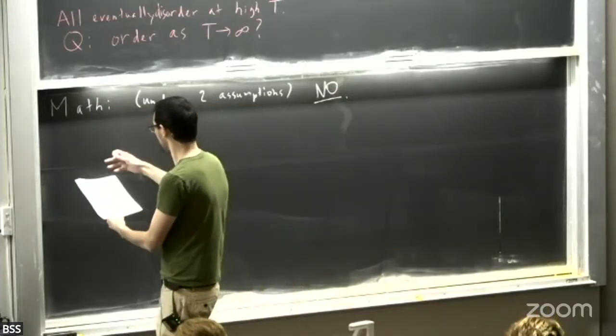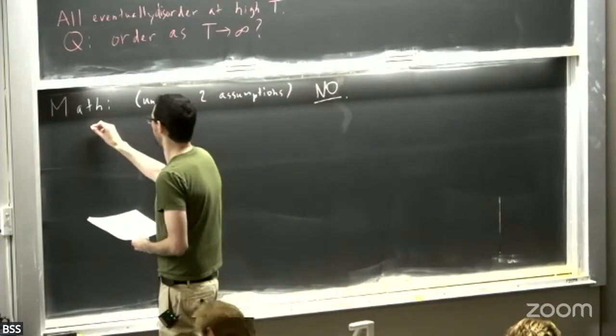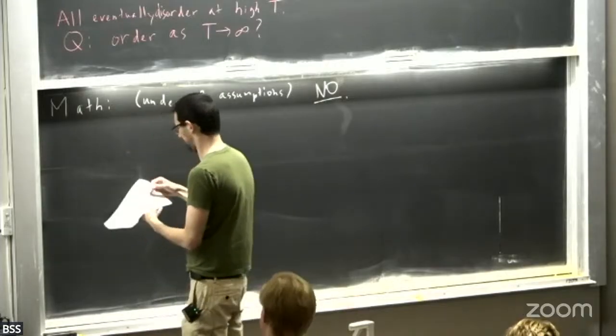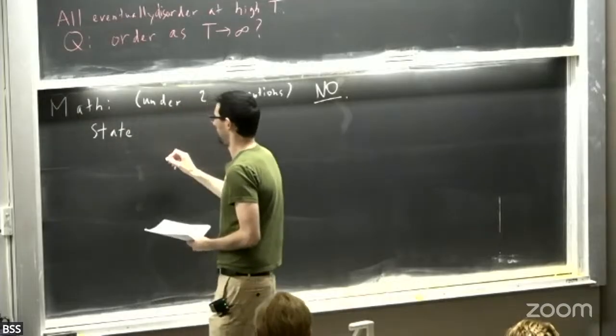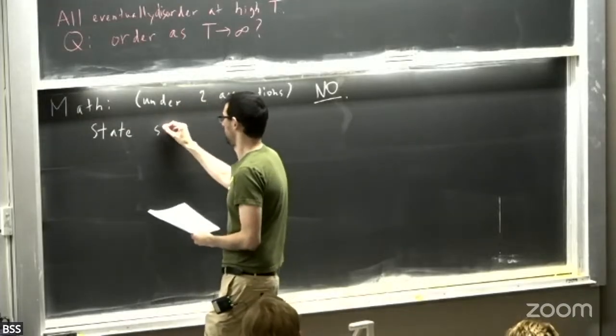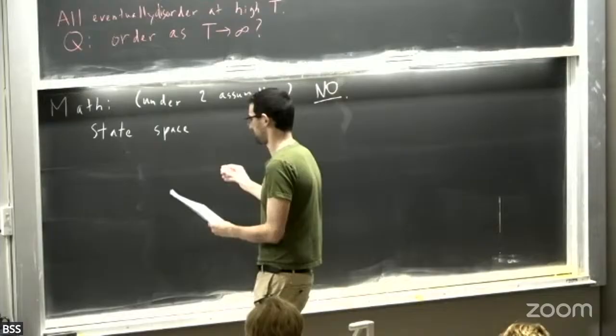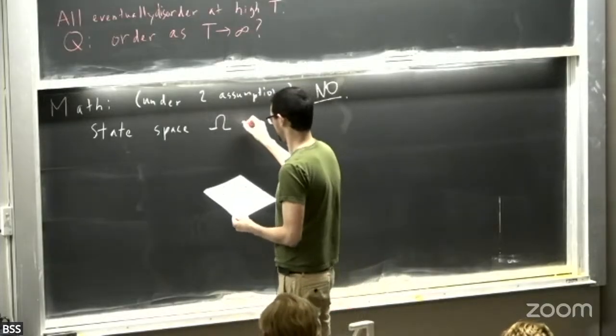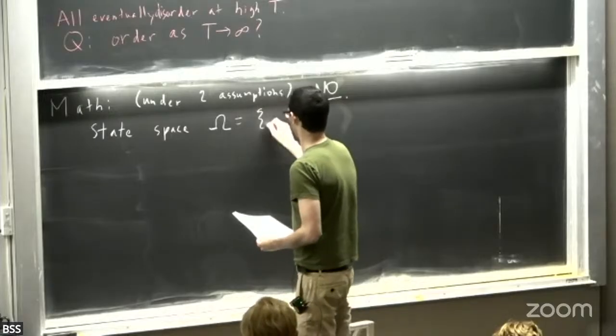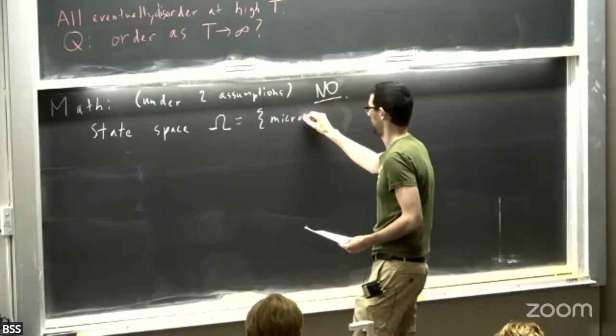Okay. So in math, the setup that they considered is as follows. We have some state space or configuration space, whatever you want to call it. Let me just say it's some set omega, which is the set of all of the microstates in the system.